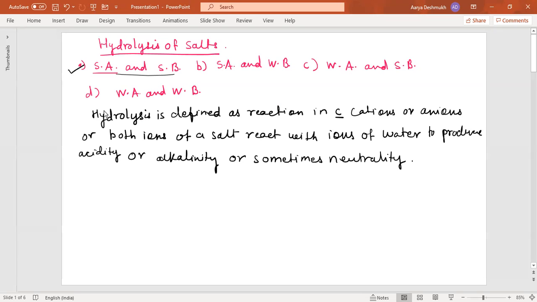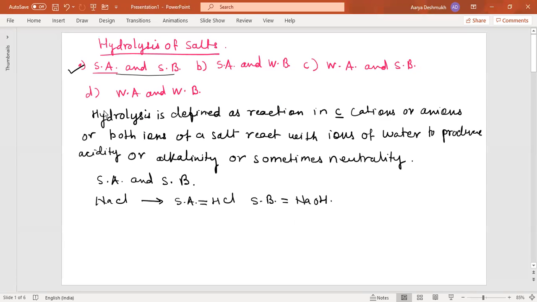We'll start with first, salt of strong acid and strong base. For example, if you take sodium chloride, it is a salt of strong acid, that is hydrochloric acid, and strong base, that is NaOH.